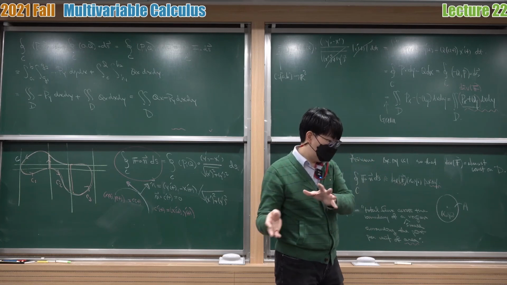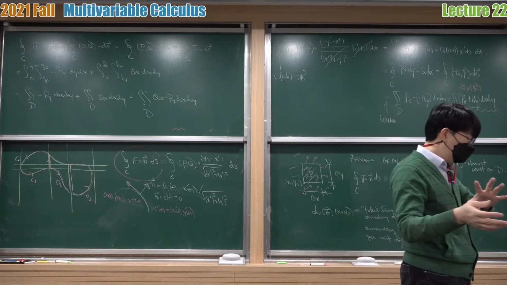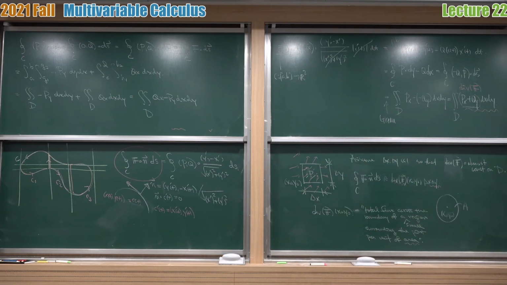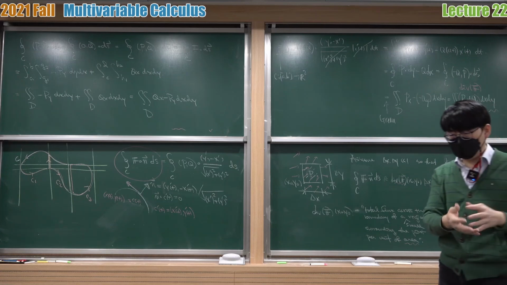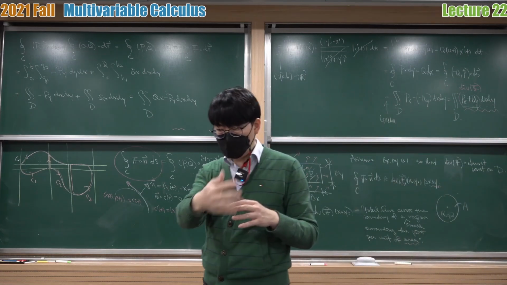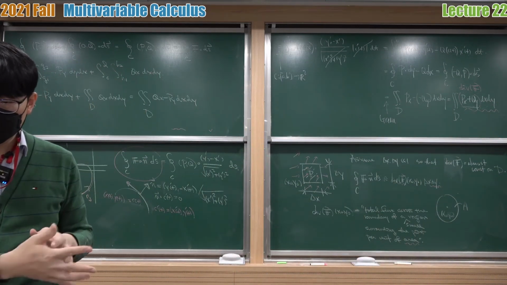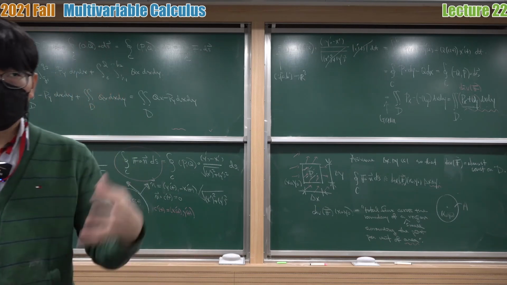If you want to generalize to a three-dimensional vector field, this curve is not a two-dimensional curve, it's going to be a three-dimensional curve, and this three-dimensional curve is bounding a surface in three-dimensional space. So we're going to talk about how the line integration over a three-dimensional curve is transformed into the surface integral over the surface bounded by the curve. That's called Stokes' theorem.